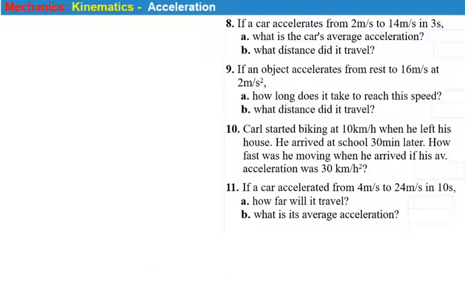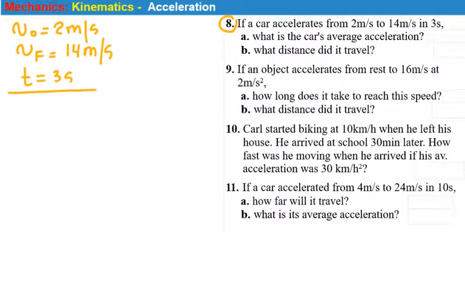Let's look at some questions with acceleration. Number 8: if the car accelerates, the initial velocity is given as 2 meters per second, and the final velocity is 14 meters per second, and the time is given as 3 seconds.